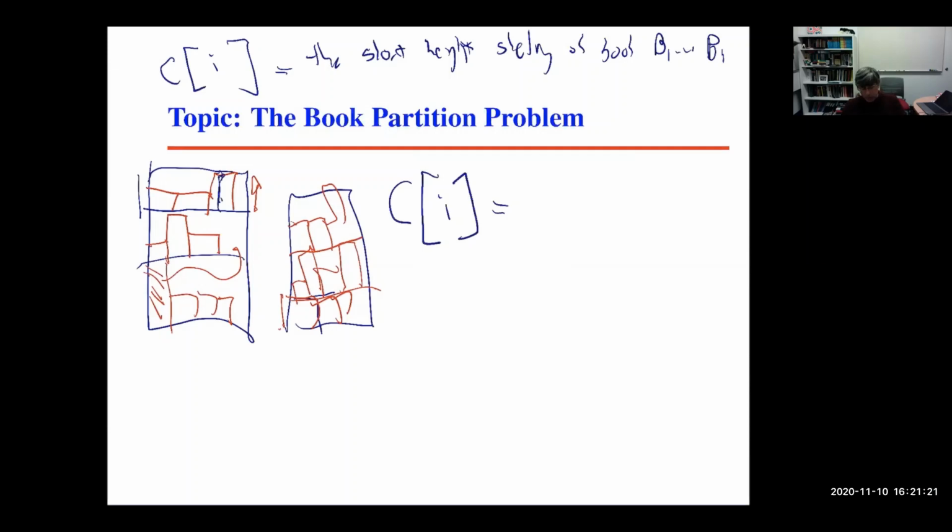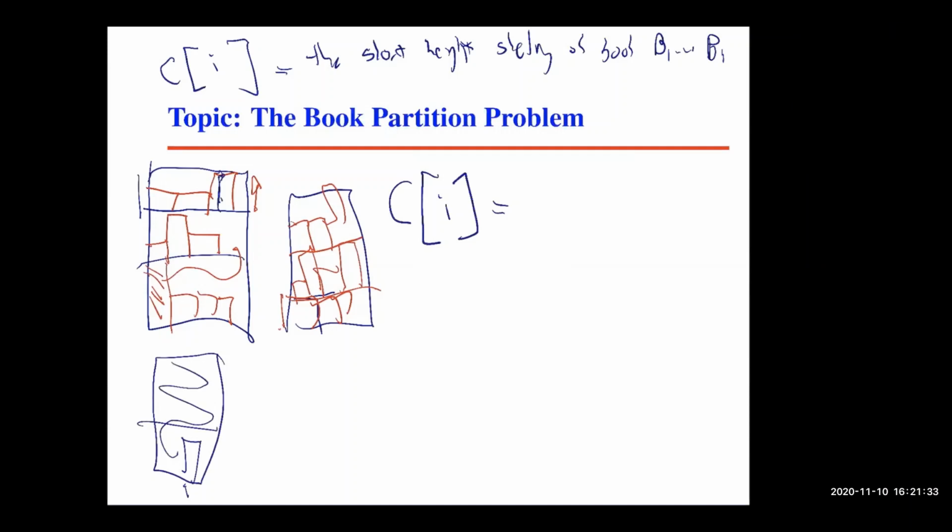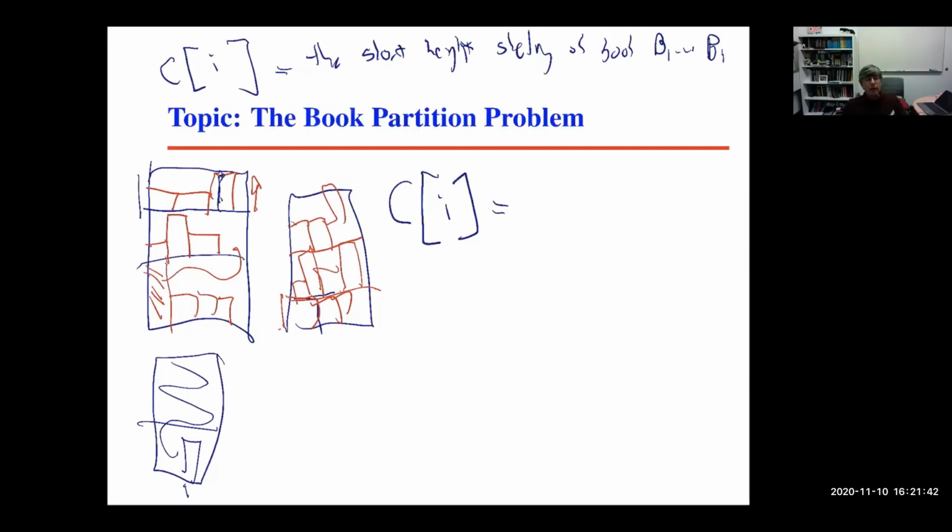What is the cheapest way to file the first bookcase, to put the first I books down? Can anybody think of what that could be? Wait, Professor, how can you move the books around the way that you're doing it if the question says that the ordering is fixed by a cataloging system? The ordering is fixed. I can't take this book here and move it up to the top.